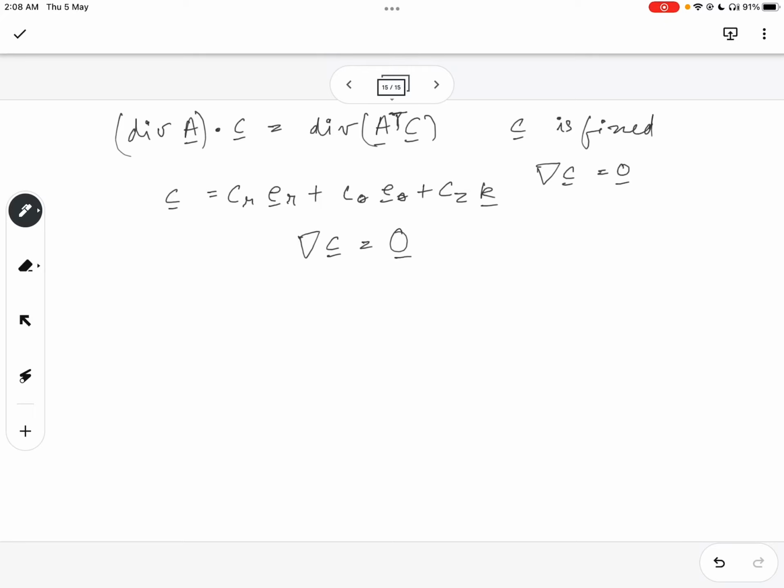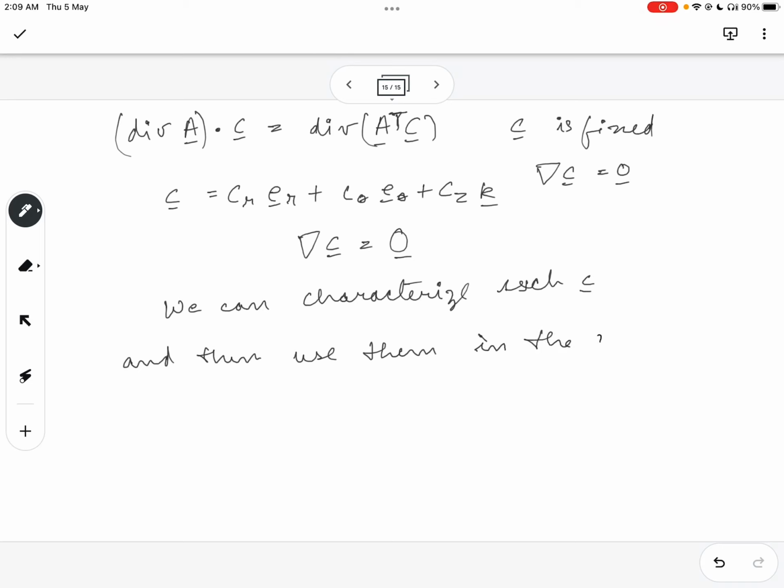So we can characterize such c, such that when given in terms of the polar coordinates, the gradient of c is 0. We can find out what such c are, and then use those conditions on c in the definition of divergence to obtain the desired result.